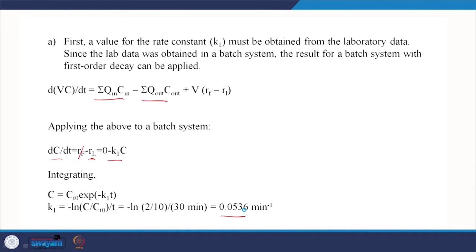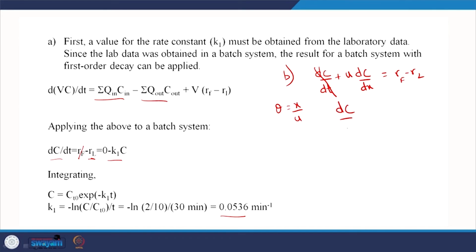Now the second part of the system was to use this for a plug flow system, and I guess at steady state. If it was not mentioned, we are assuming steady state. So, we know from the fundamental mass balance equation u dC by dx is equal to rate of formation minus rate of loss, and at steady state this is 0. x by u is theta, the hydraulic retention time.